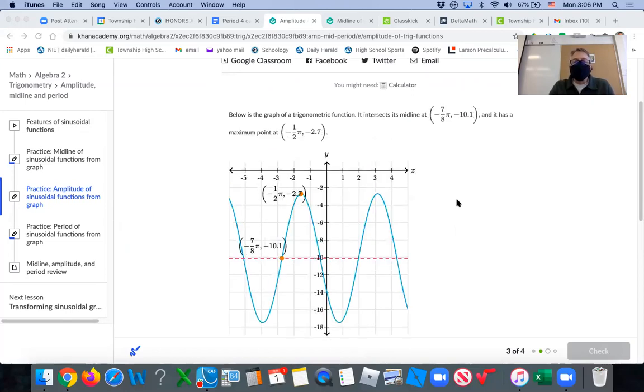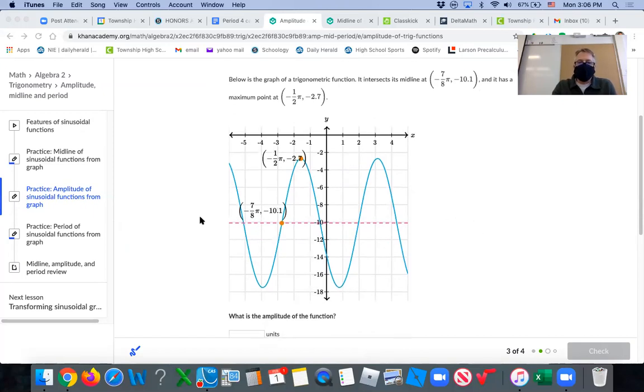All right, so if we want to find the amplitude of this function, here's the midline. It gave us the midline is going through this point. The x value I really don't care about. I care about the y value. The y value is at negative 10.1, and it goes up to a y value of negative 2.7. The amplitude is the distance from this y value to this y value.